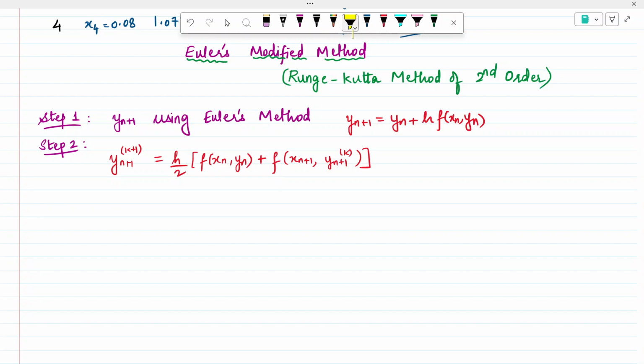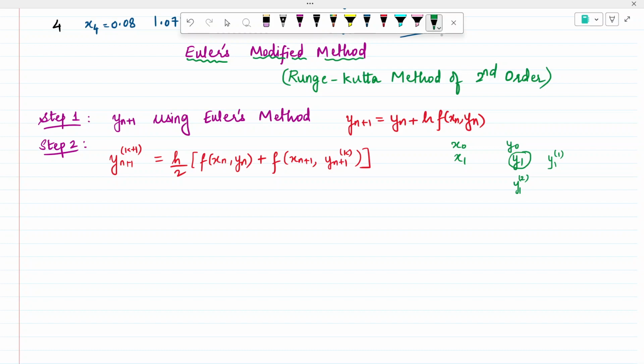First, we apply Euler's method. If suppose x naught is given, y naught will be obviously given to you. Using Euler's method, for x1 you calculate y1. This is your first approximation of y1. Now you will approximate it again, means you will find the second approximation of y1. This is y1 approximation number 1.